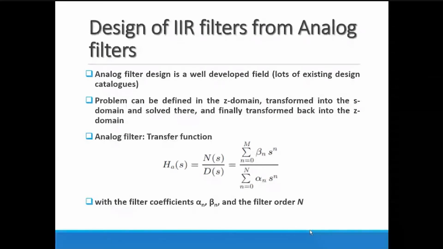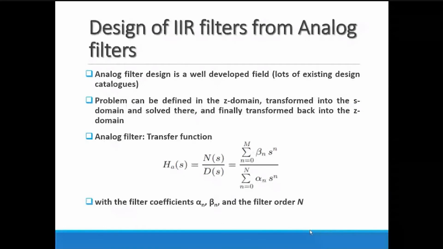So when we are designing digital filters, in the IIR case we are just transforming the analog counterparts. If I represent the analog function, it is given as H_a(s), where the subscript a represents analog. It has a numerator part and a denominator part. The numerator has the coefficients, summation from n equal to 0 to m of b_n s raised to n.